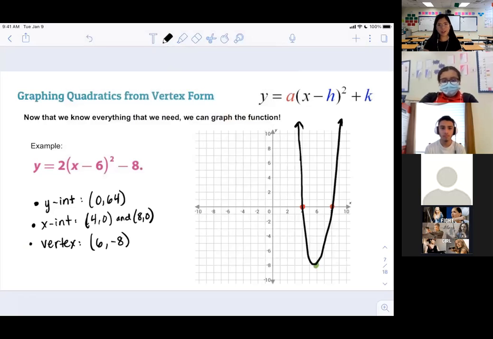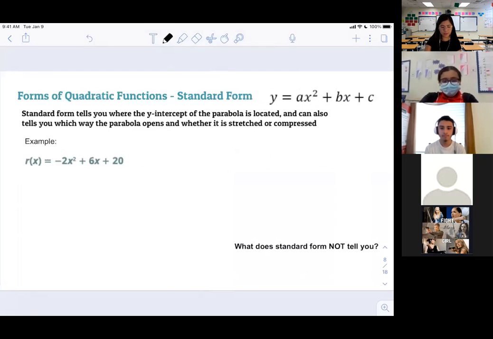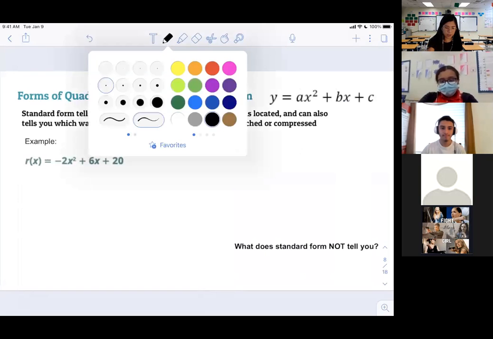Let's go ahead and now we're going to move on to standard form. Take it away, Tyrone. Standard form tells you where the y-intercept of the parabola is located. It can also tell you which way the parabola opens and whether it is stretched or compressed. So we know the y-intercept.